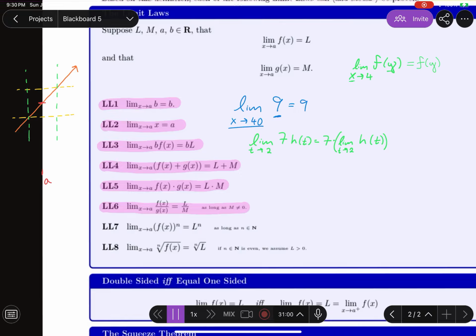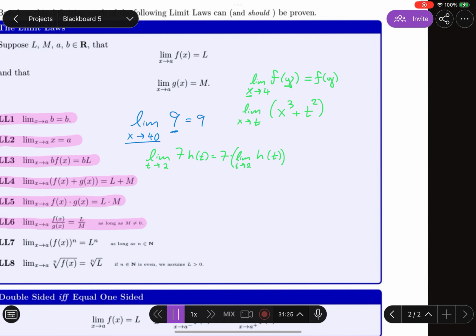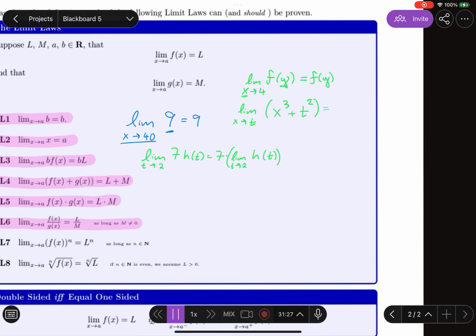That is really important. And maybe one more thing I could say: the limit as x approaches t of x to the third plus t to the second.